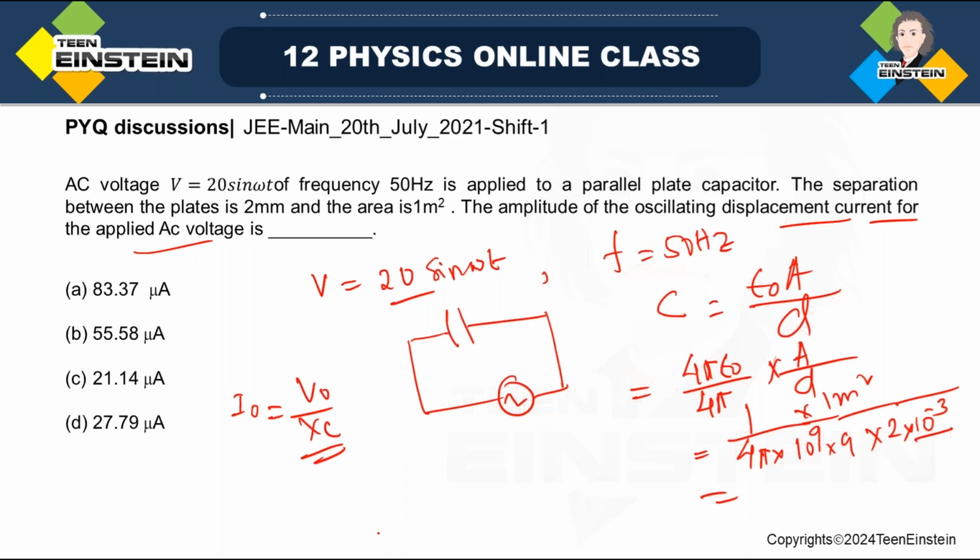Okay, and if we put this, see XC will be, if you do this calculation, 1 over omega C. If you do this calculation, XC is equal to actually 18 by 25 into 10 to the power 6.